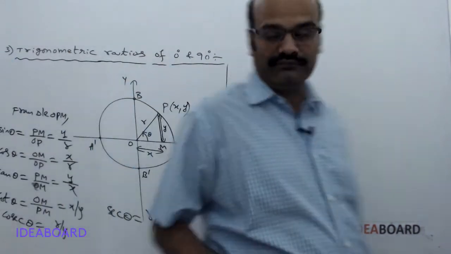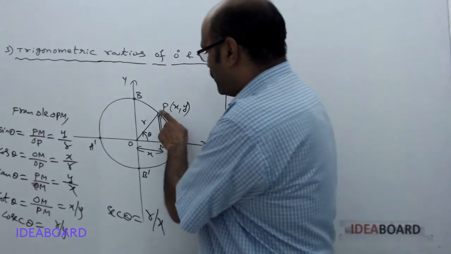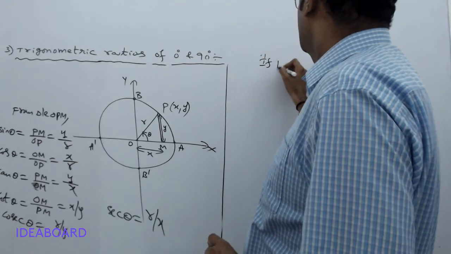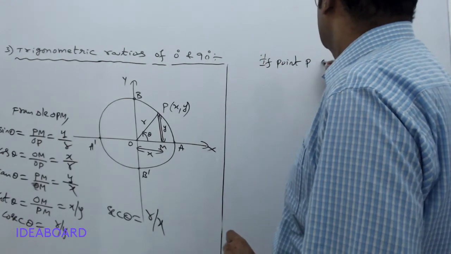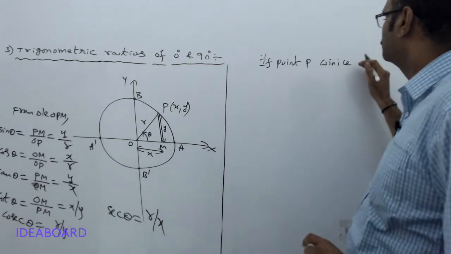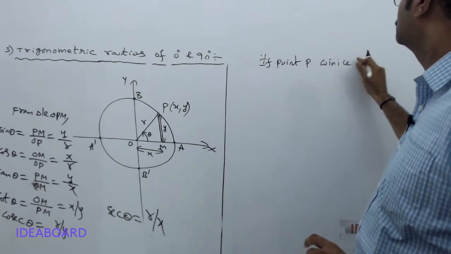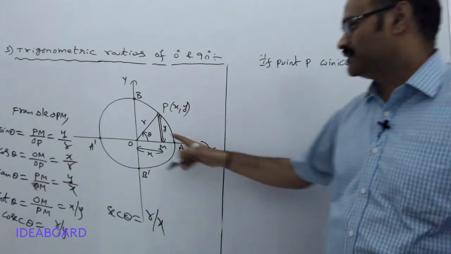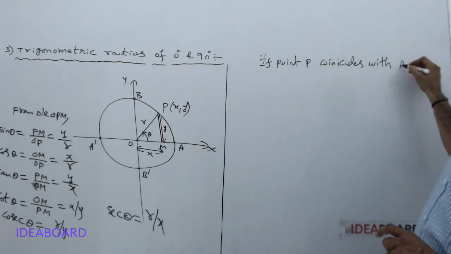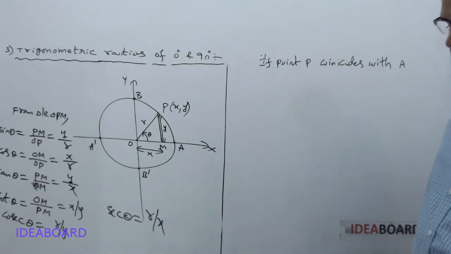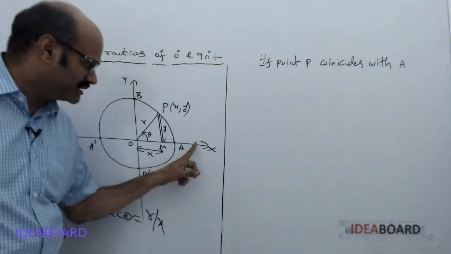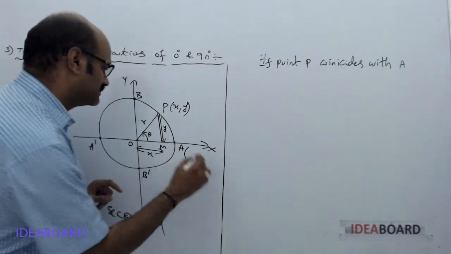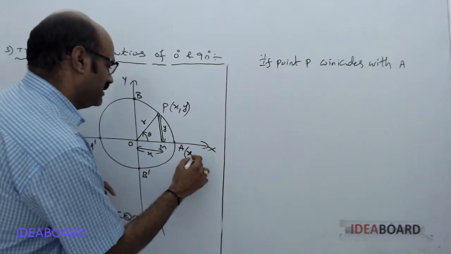Now if the point P coincides with A, then we know that on the x-axis the y coordinate is always equal to 0, so it becomes x comma 0.